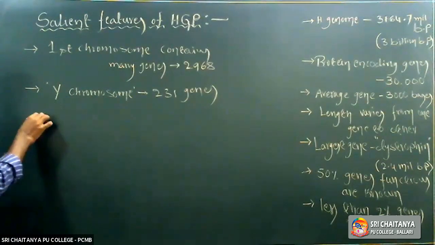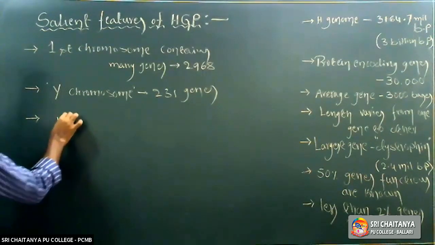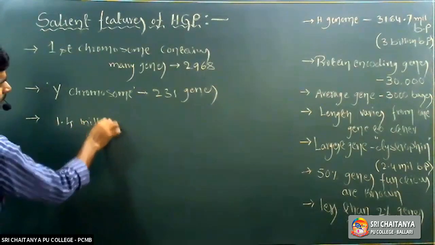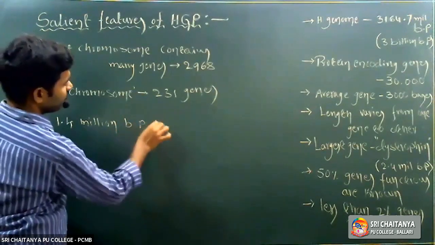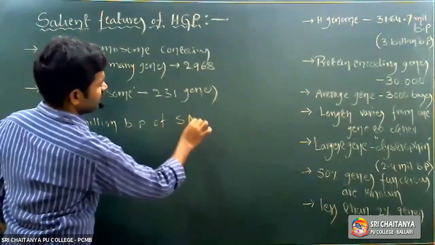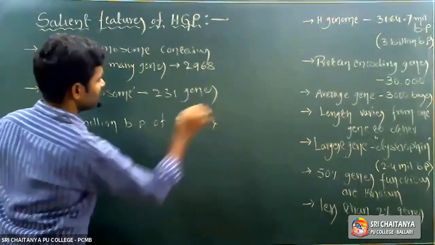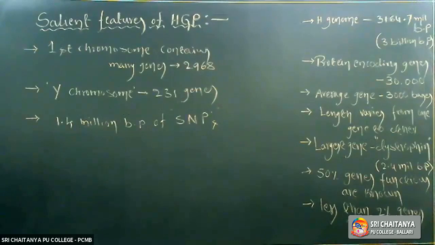Then the human genome contains around 1.4 million base pairs of SNPs, single nucleotide polymorphisms.